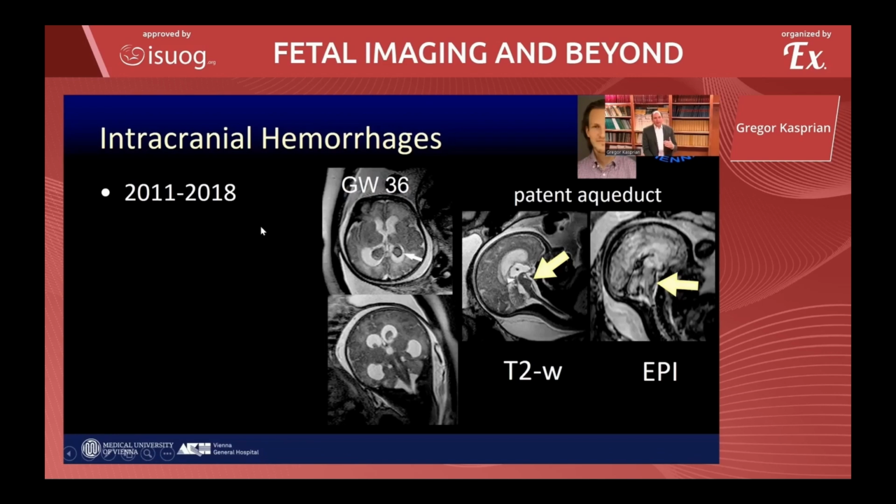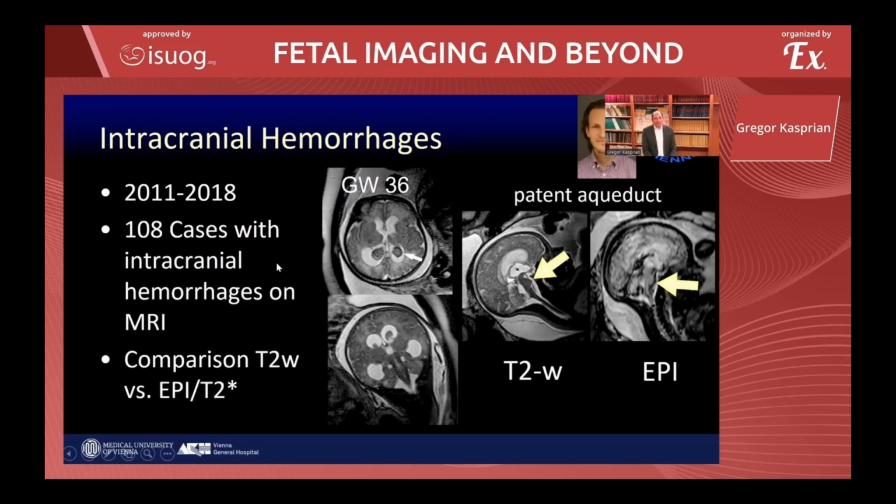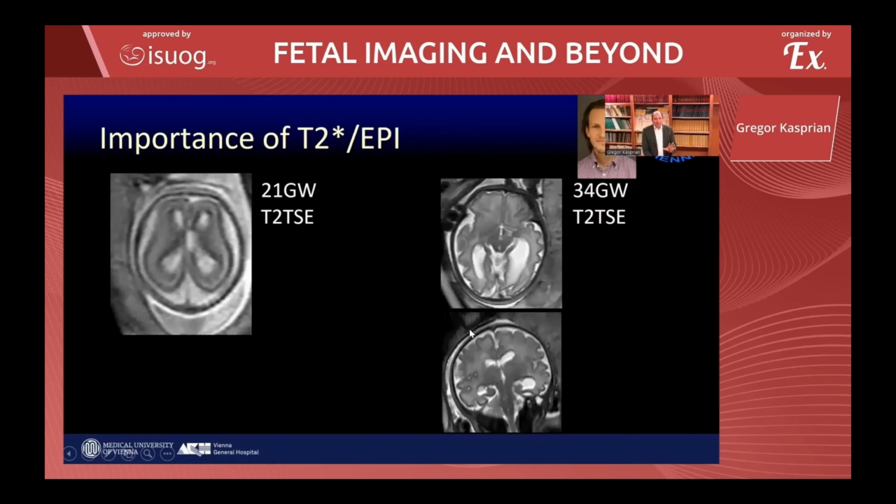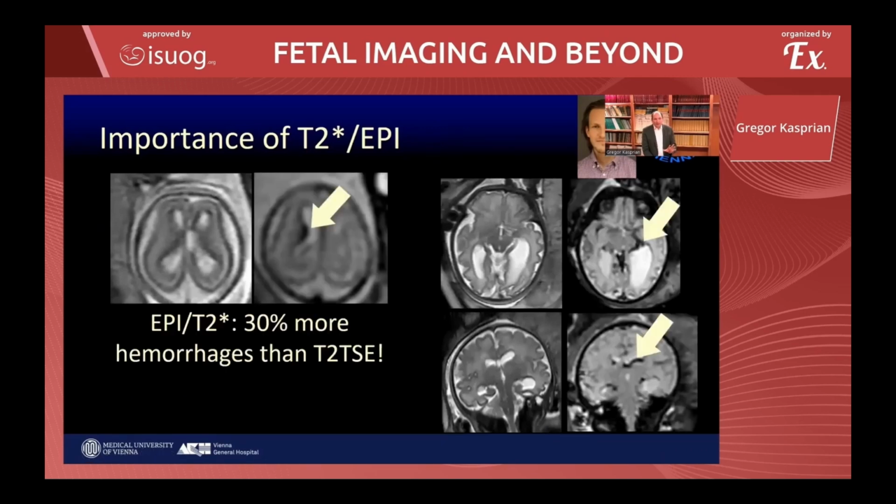Tim Doritke from our team performed a study where we retrospectively analyzed brain hemorrhages in fetuses, comparing the normal T2 weighted sequence to this EPI sequence. What we found was that EPI T2 star picks up 30% more hemorrhages than the conventional T2 weighted image. This needs to be kept in the back of our head when we compare ultrasound and MRI.